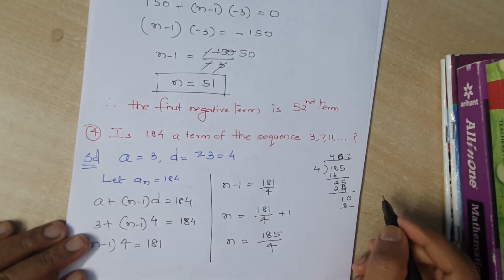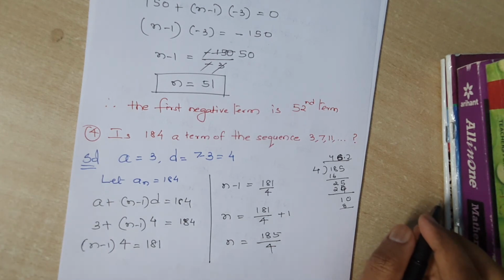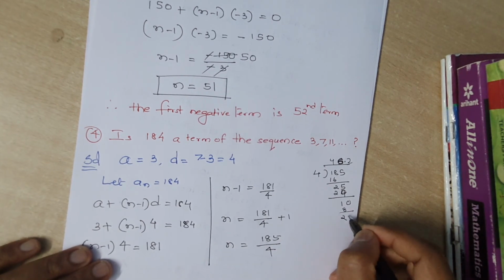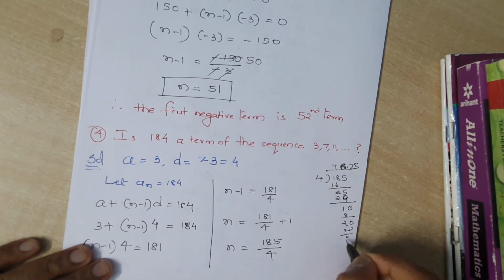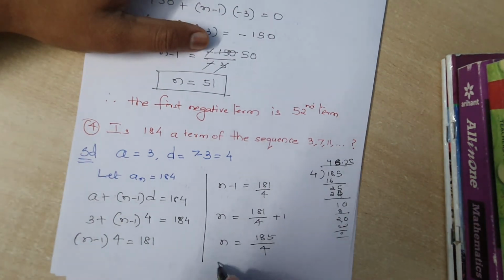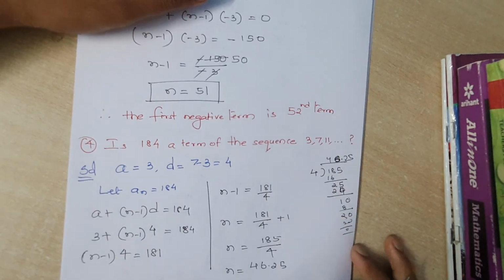Okay, then how much? 2. So 4.6. So 46.2 what? 25. Why? Because 0 2 4 5s are 20. So 46.25. So n is equal to 46.25.